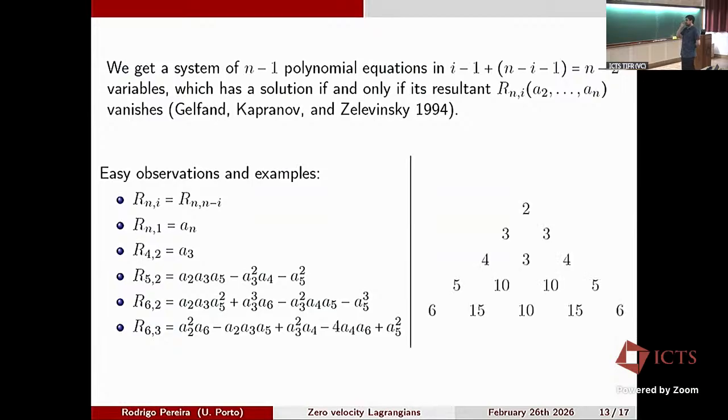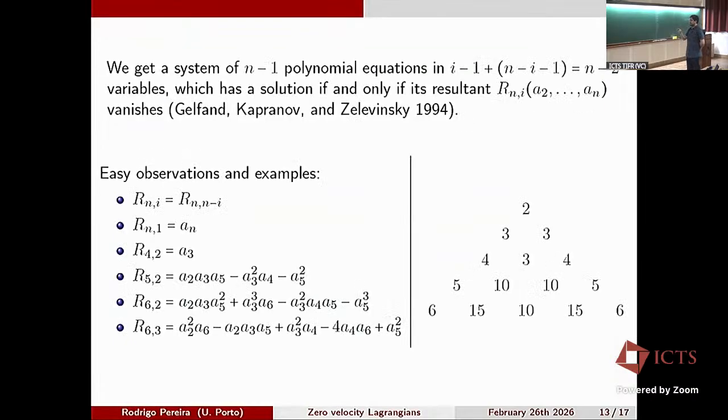But if you organize the weighted degrees of these polynomials, and by that I mean that, for example, A3 has weight 3, A4 has weight 4, and so on, you start to get almost a very familiar object. You get Pascal's triangle, except with these deficiencies here in the middle, where the numbers are half of what they should be.